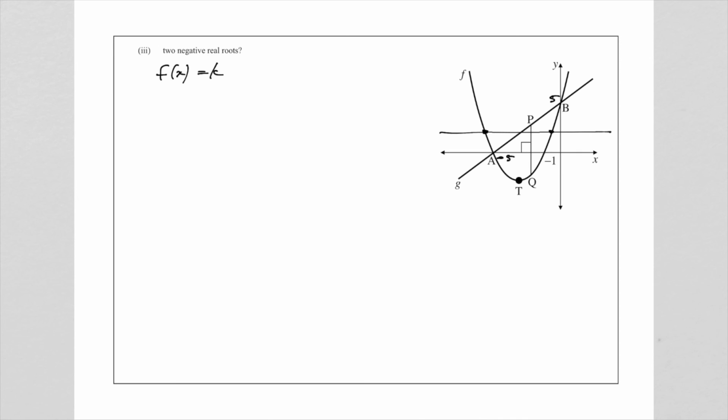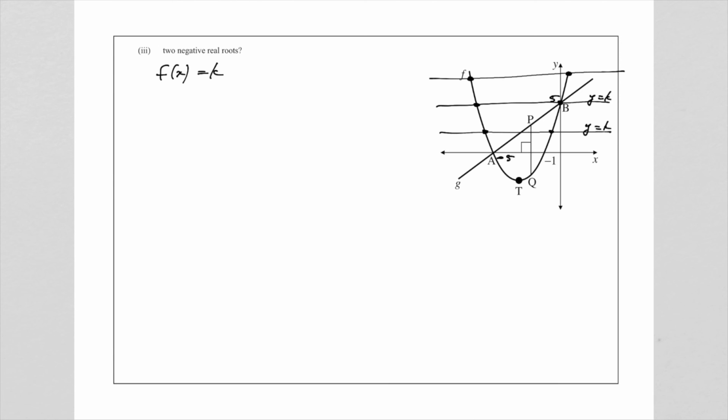If I draw the line at that y-intercept, so this is now the line y equal to k, you will notice that this root is negative and that root is 0. If I draw the line above that y-intercept, you will then notice that this root is negative and that one is positive.